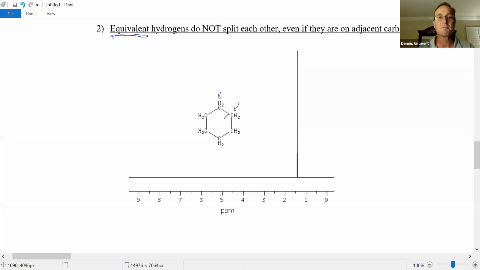Okay. If they're equivalent, we sometimes say there's a plane of symmetry, right? So focus on these hydrogens here, hey, how come they don't split each other? Well, because the molecule's symmetrical. These hydrogens are equivalent to those hydrogens, column A. And then you might say, based on this line, these hydrogens should be equivalent to each other, and then these hydrogens should be equivalent to each other.